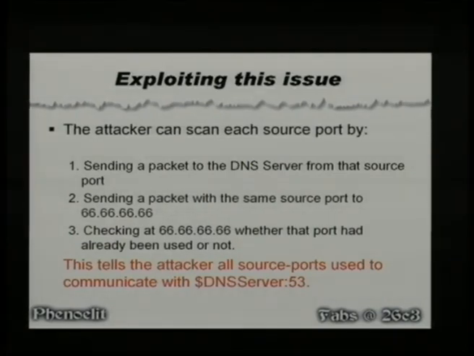And now at that other host, you can check whether the port is the original port or 1024, in which case this port was used to contact the DNS server. So this is how you can scan the NAT for the source port used by Squid.